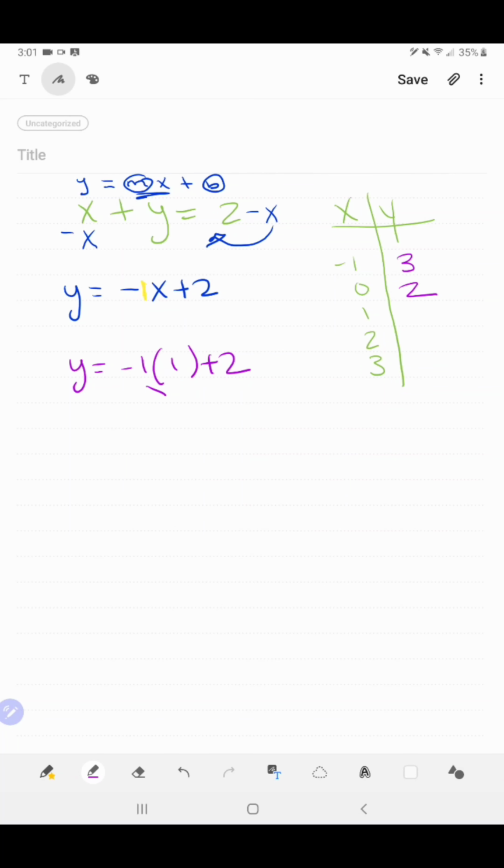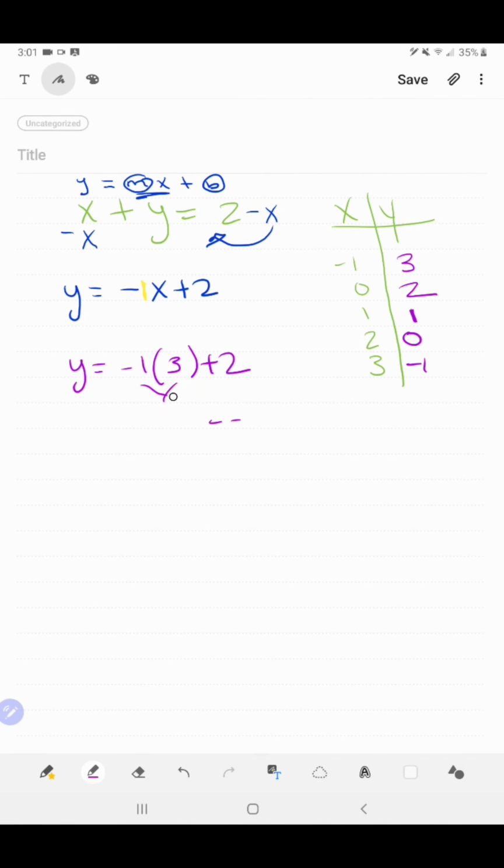And then 1: -1 times 1 is -1, plus 2 equals 1. And 2: -1 times 2 is -2, plus 2 equals 0. And then the last one, 3: -1 times 3 is -3, plus 2 equals -1.